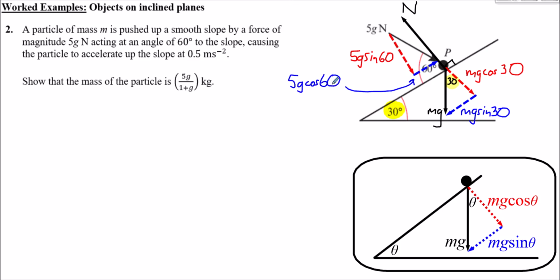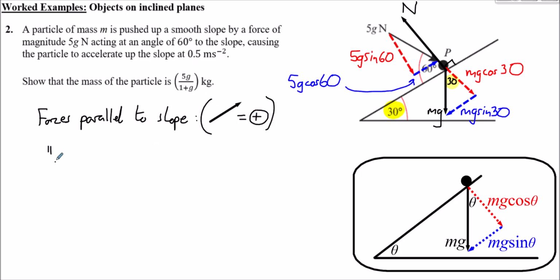Now we're told this particle is accelerating up the slope, so there's no acceleration in any other direction, just simply up the slope. So we can just consider forces acting parallel to the slope. We just need to decide on a positive direction. Let's have going up the slope as positive.